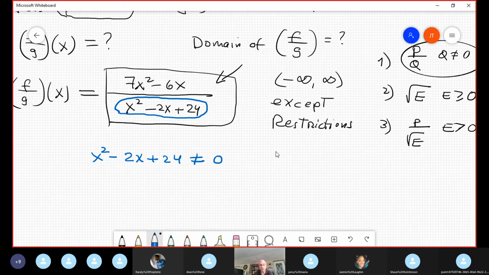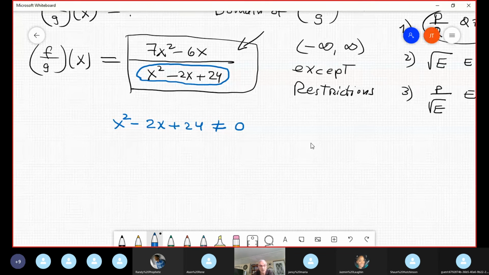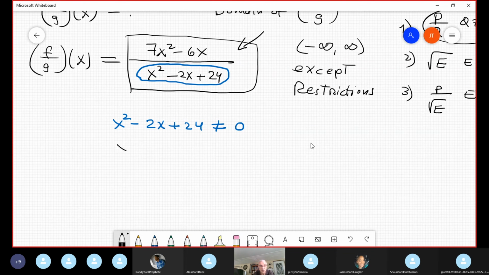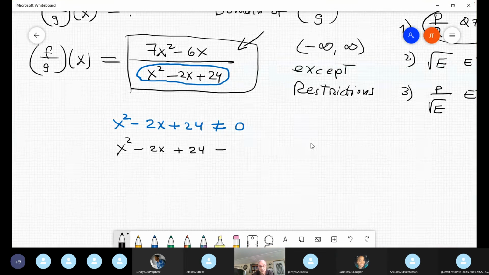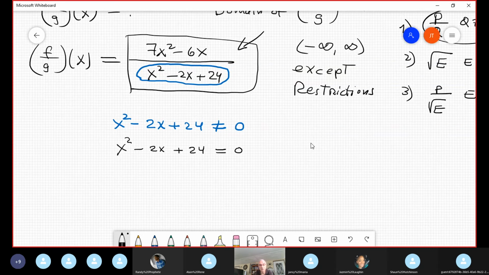Okay, so I realize that this inequality looks similar to the quadratic equation. I know that it's not the same, it's not equivalent. This is the complementary.